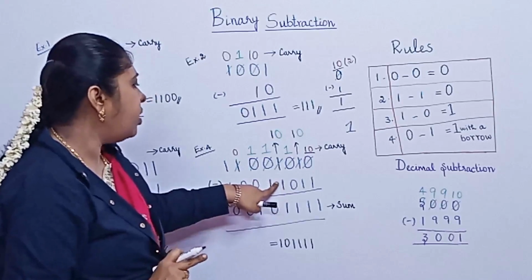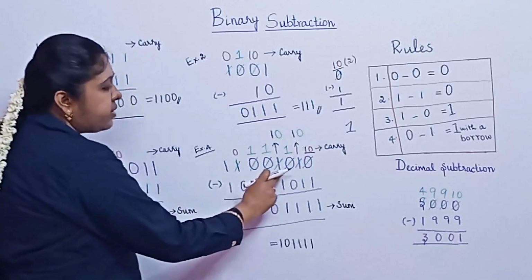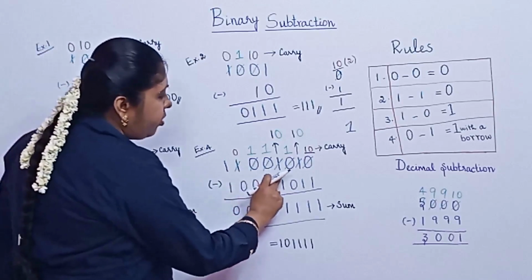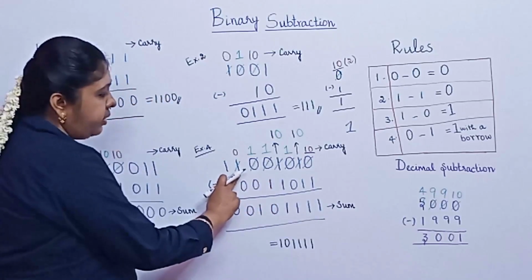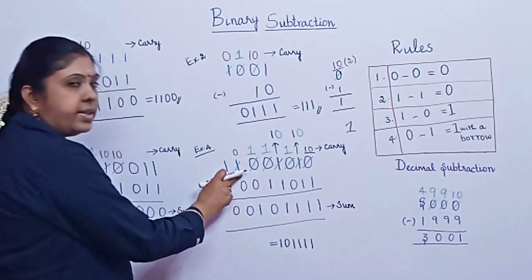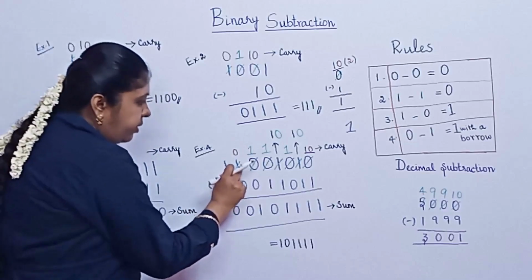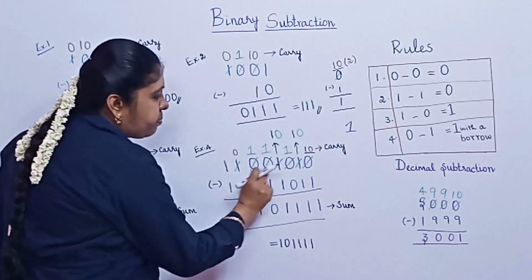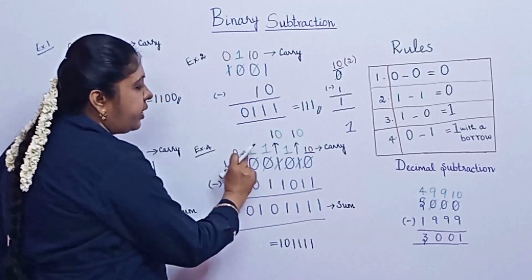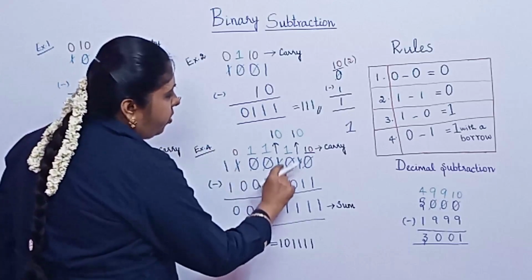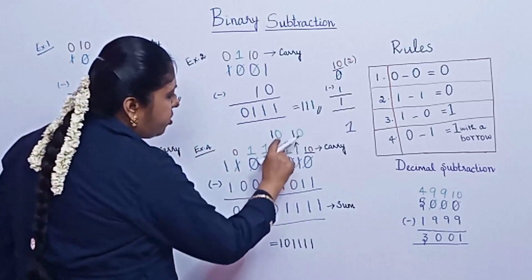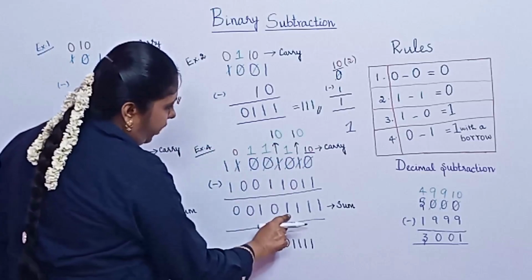So 0 minus 1 occurs. Again this number is requesting a borrow. So the next two digits are 0. Again it is borrowed from the next digit, the third digit. So this third digit will turn to 0. These passing zeros, two zeros, will turn to 1. And then this 0 number will turn to 10. So 2 minus 1, 1.